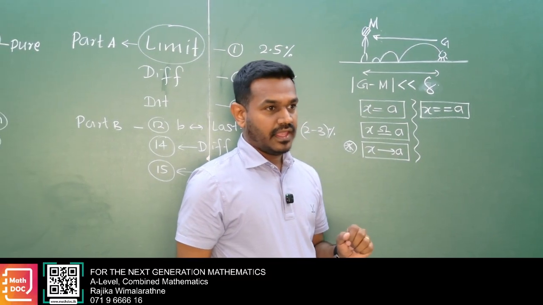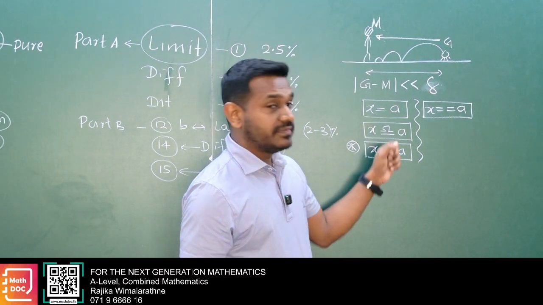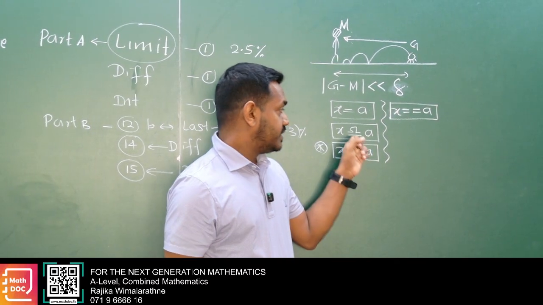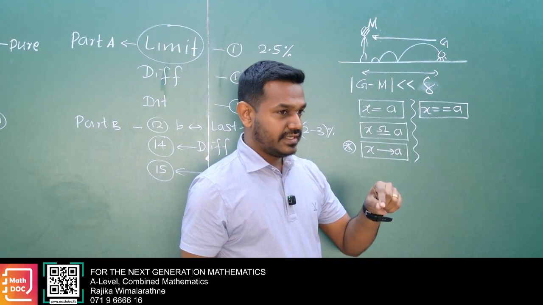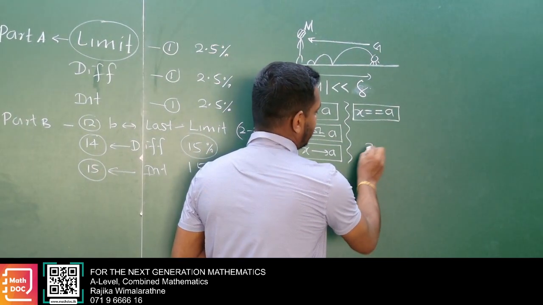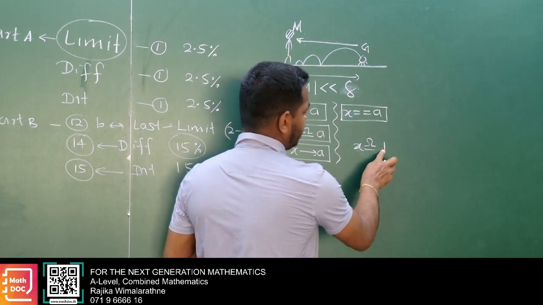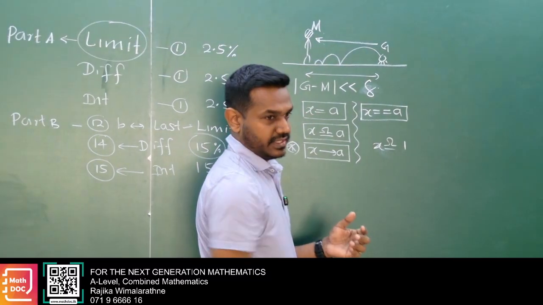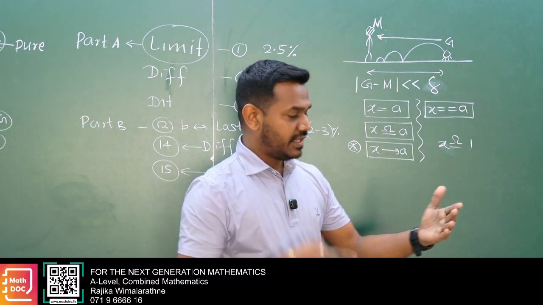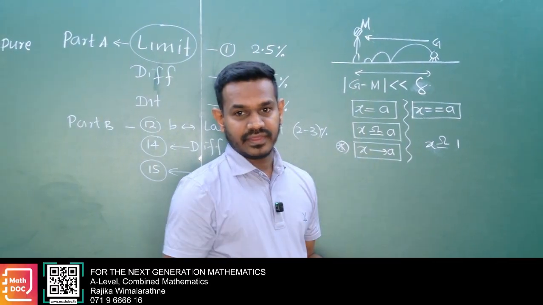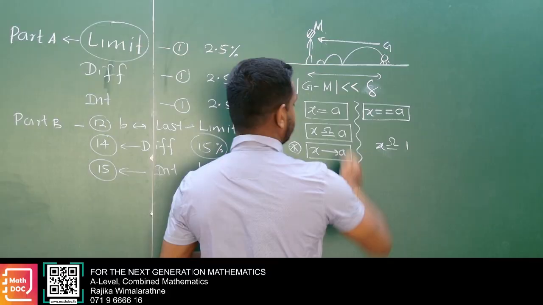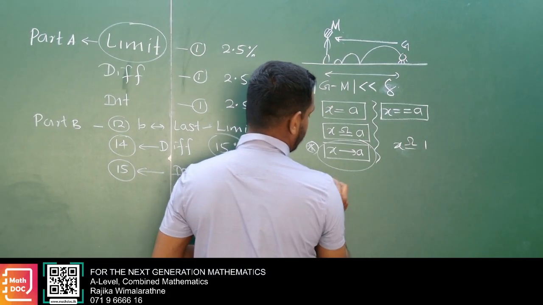Then x approximately equal to A. You say x equal 1, then x approximately equal to 1 means not exactly 1, it's close to 1. Then x arrow A means x moves towards A. Here we discuss tendency.